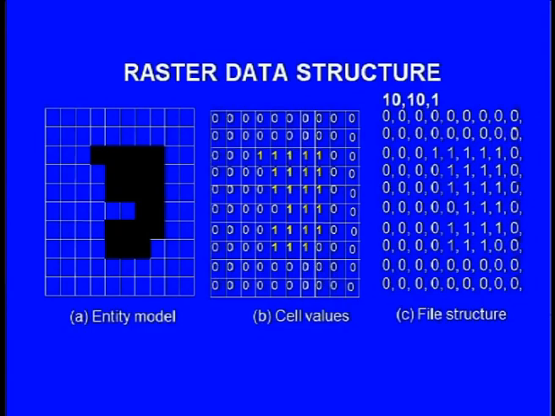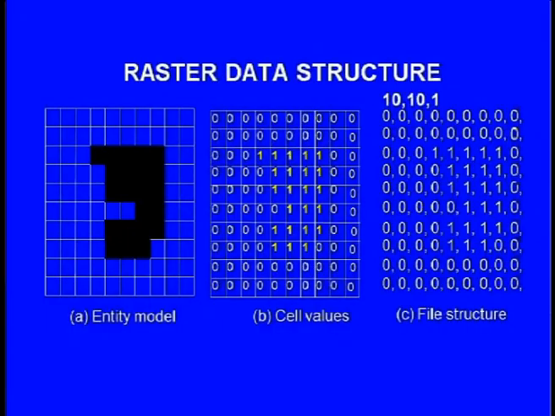Subsequently, based on the resolution of the raster data, the representation of the entity model in terms of cell values can be done, wherein wherever there is information, a specific and discrete value may be assigned, and wherever there is no information, a value of 0 may be assigned.